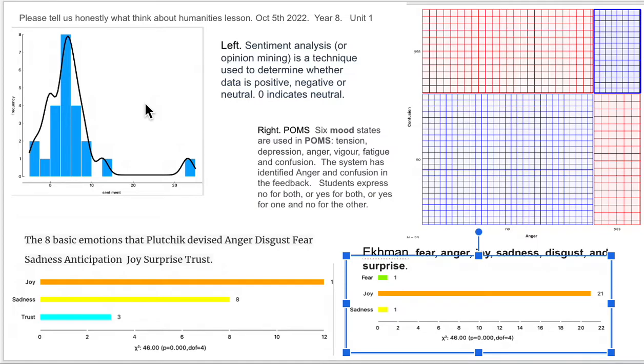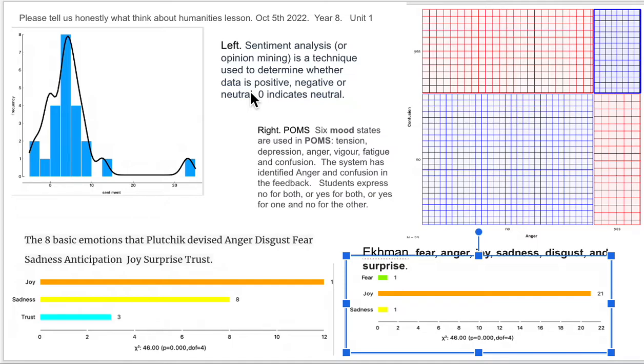In the previous video we looked at emotional analysis, and we concentrated on the Ekman way of identifying emotions in a body of text. In this video we're going to have a look at POMS.